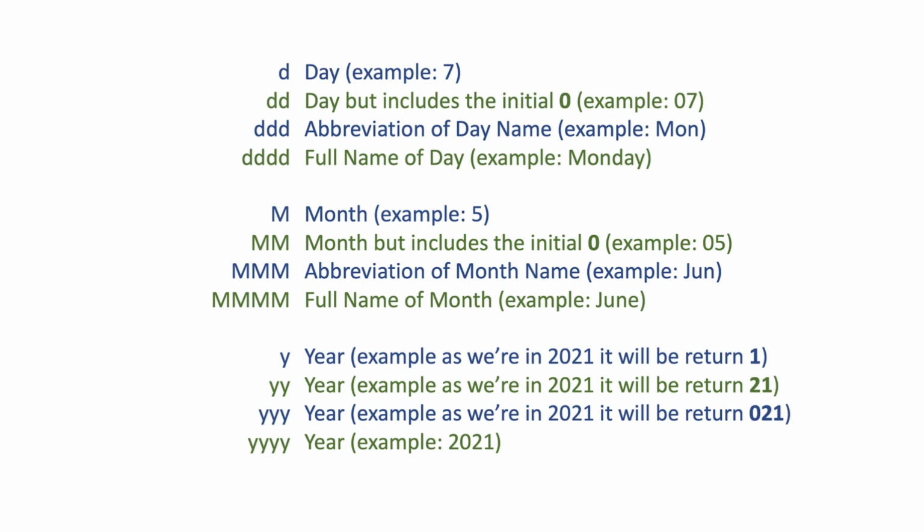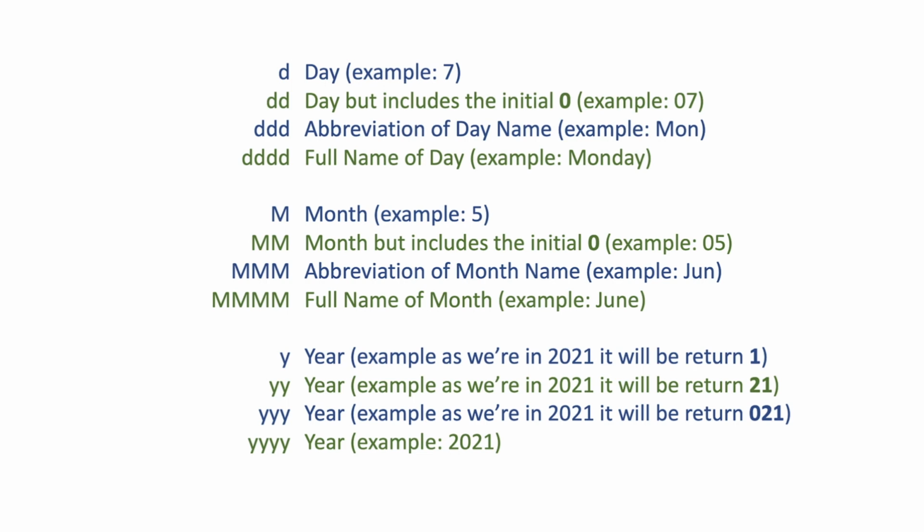So in this instance, if we use y and it's 2021, we'll get a return of 1. If we wanted to just get the 21 of 2021, we would use 2 y's. If we wanted to get 021, then you would use 3 y's, and if you wanted to get the full year, then you would pass in 4 y's.